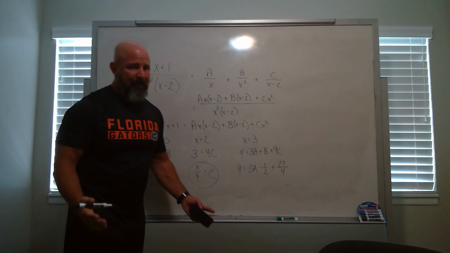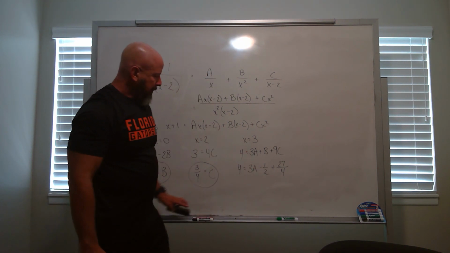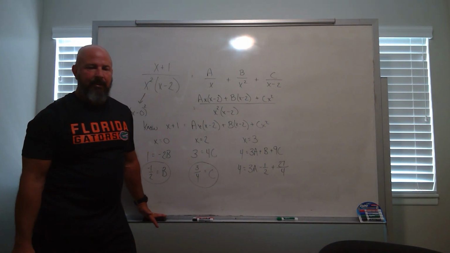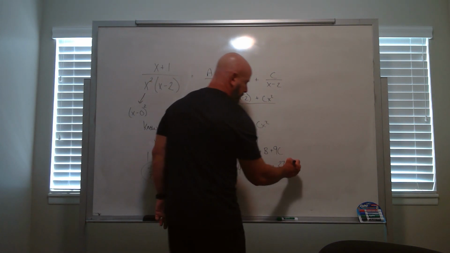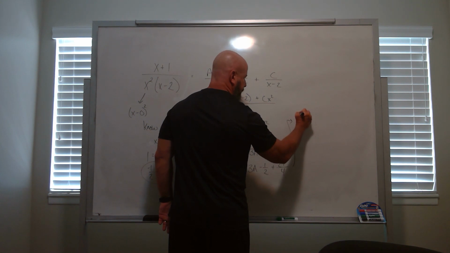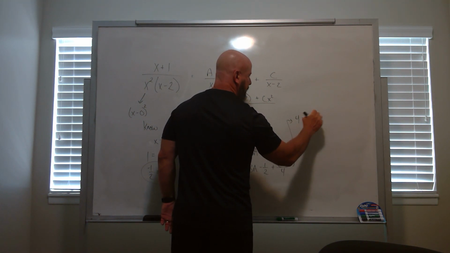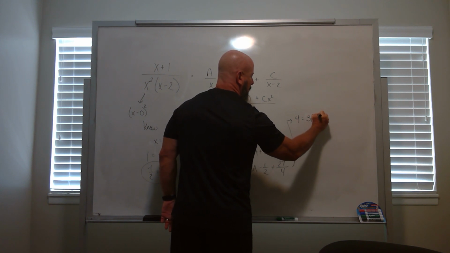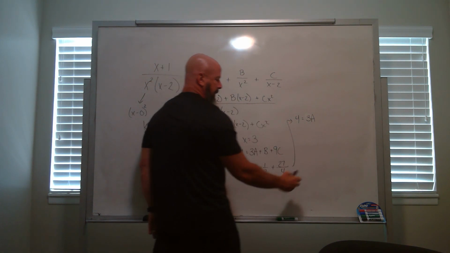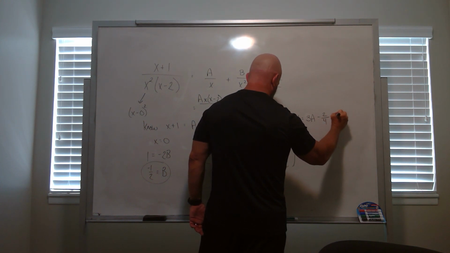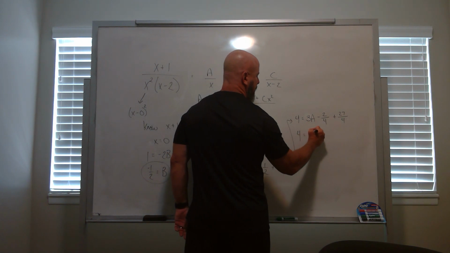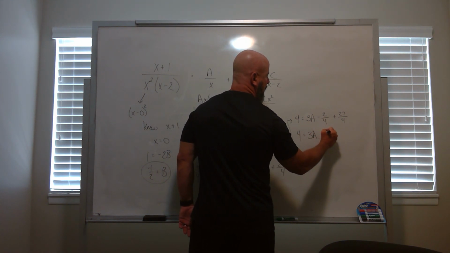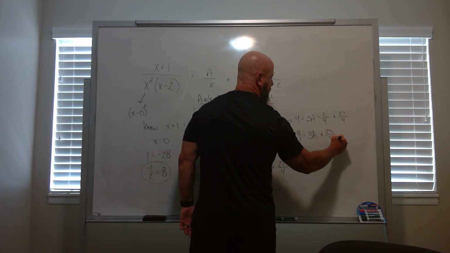I got a little bit of a mess here because of fractions. Remember though, if you're not the best with fractions, your scientific calculator can help you. Let's see if we can get these pieces together. So 4 equals 3A. If I get a common denominator here, that would be negative 2/4 plus 27/4, which would be 3A plus 25/4.